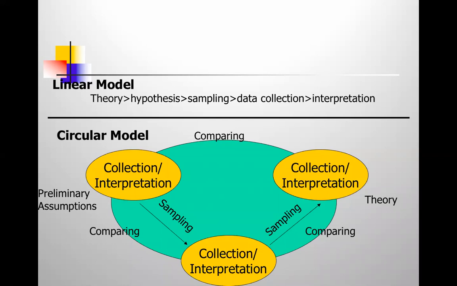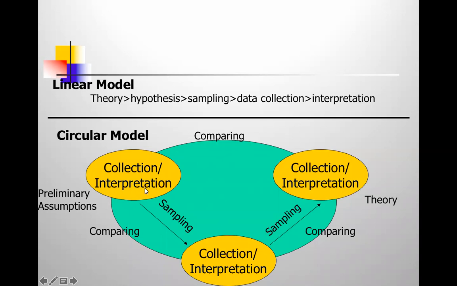And then we might go in and sample some participants, collect data, interpret the data. Based on those interpretations, we might sample some more participants, collect and interpret more data, maybe compare the interpretations, and then go out and sample some more people and collect and interpret data and compare all of the interpretations at this point.